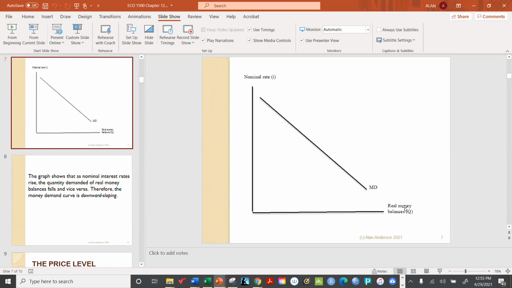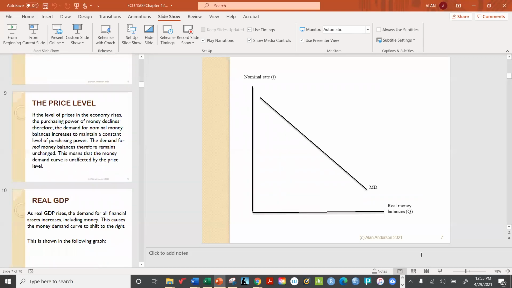In other words, if you increase your nominal money holdings to make sure that your real money holdings are stable, then a change in prices theoretically should not affect the demand for real money balances. So they're saying here that a change in the price level in the economy should not cause a shift in this curve, because on the horizontal axis, we have real money balances rather than nominal money balances.